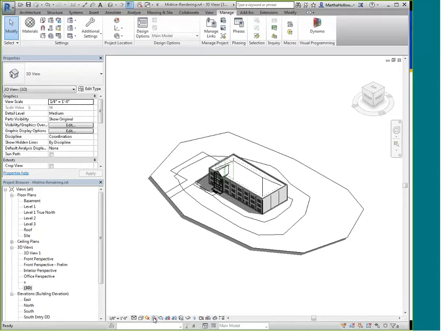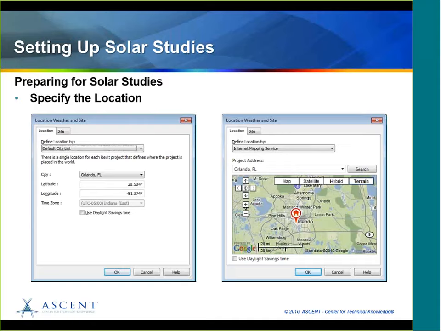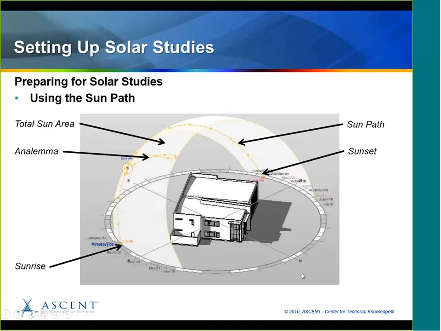I'm going to turn on shadows, and I'm going to turn on the sun path. Let me just show you this on this section. What I'm getting ready to do is turn on the sun path, and there are various parts of the sun path that you can see here.